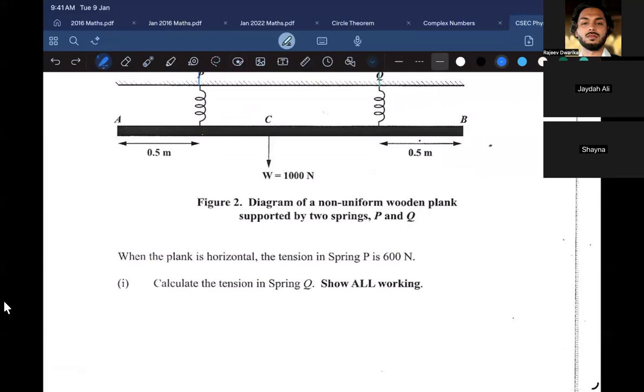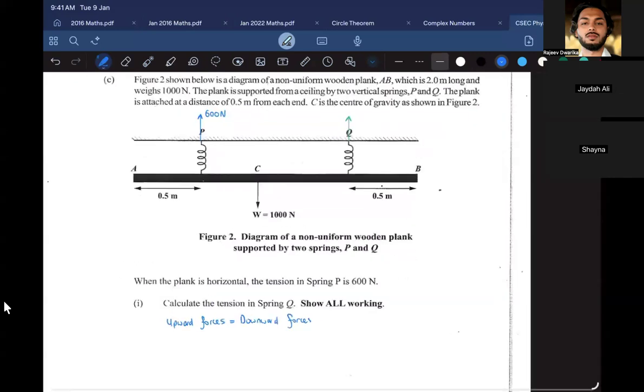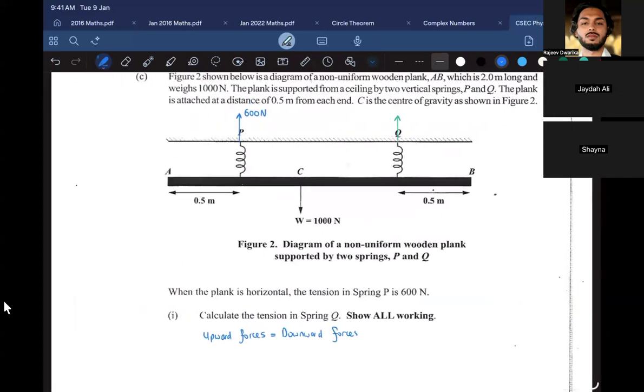So we could form an equation, right? You could say upward forces is equal to downward forces. What are the upward forces? We have 600.